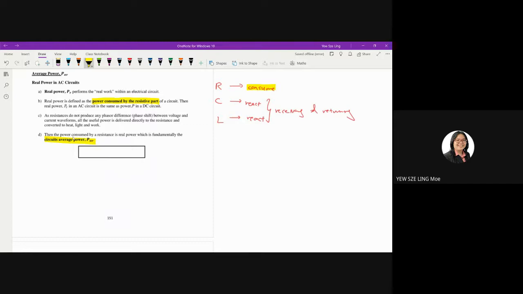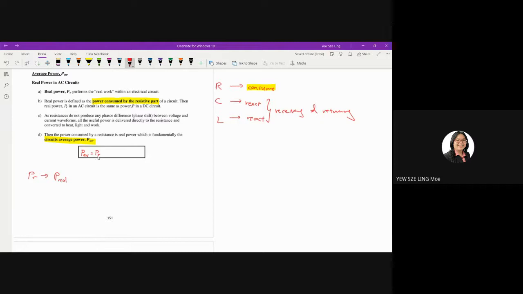The reason we say it's average power is that for C and L, the average power is equal to 0. They just receive and return; none of the power is being used. But the average power in the resistor is half of the peak value. So in this case, P average is equal to PR, where PR stands for P real.